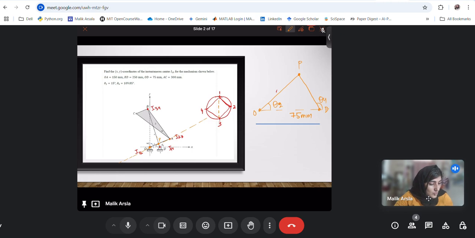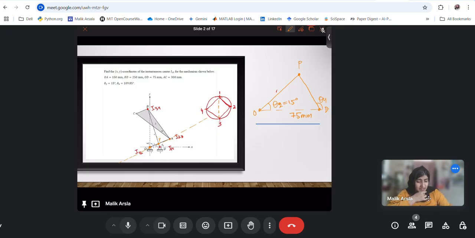If I can find OP, then since theta 2 is given as 15 degrees, I can use OP cos theta and OP sin theta to find the x and y coordinates of the point P, which is asked in the question.